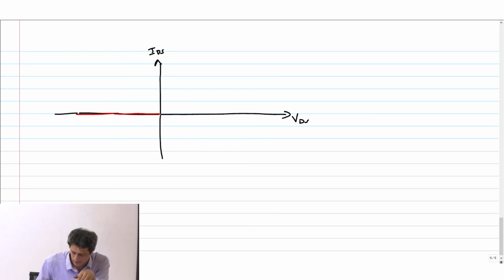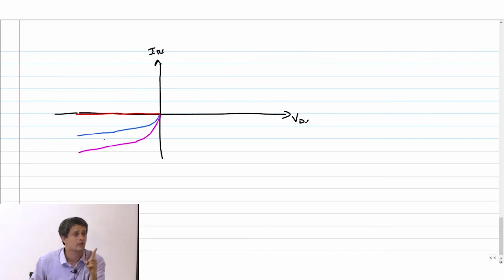As you start increasing VGS, you will have this kind of a current, right? And if I increase my VGS slightly further, for low VGS values it could be in saturation, it need not go into velocity saturation mode, but beyond a certain point, of course, everything will enter velocity saturation and it will start looking like this.